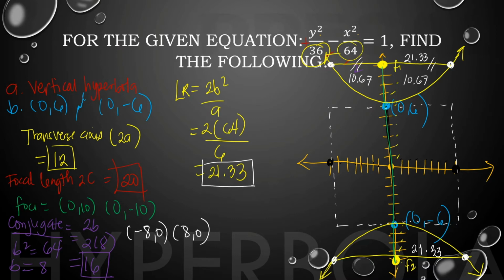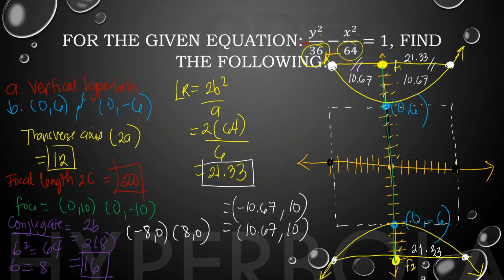So, itong point na to ay nasa negative 10.67 and sa 1, 2, 3, 4, 5, 6, 7, 8, 9, 10. And then yung pangalawa, nasa positive 10.67 and 10 din siya.